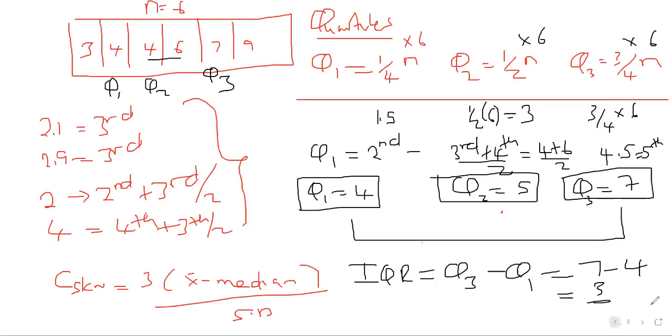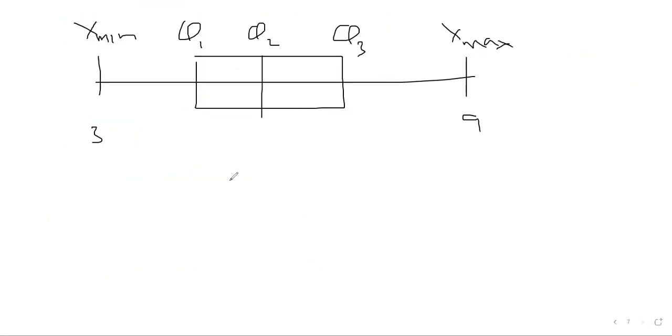Q1, Q2, and Q3, we had what? 4, 5, 7. The distance from here to here is a 1. Distance from here to here is a 2. So where there's a larger figure, that's where we say it is skewed to the right. So it is skewed to the right.